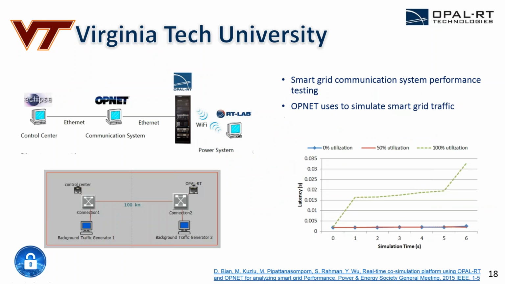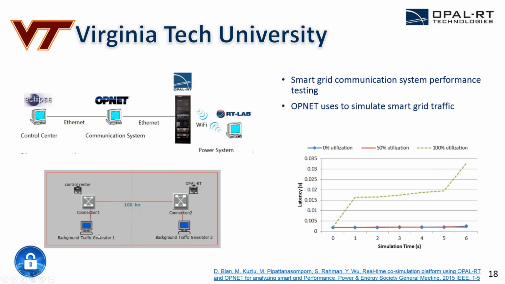A more basic example is Virginia Tech University. This is from a paper that they released where they've modeled a simple power system and they wanted to test the ability of the communication network to pass information to an in-house designed control center. And they've used OPNET as a network simulator tool. You can see here in this graphical interface that they have the two connection points and they've set an arbitrary 100-kilometer line length between the two using OPNET.